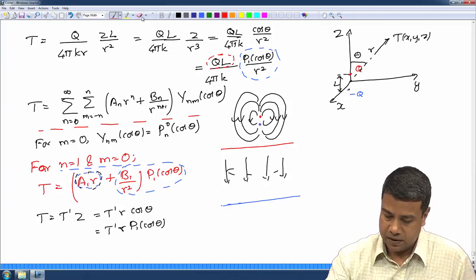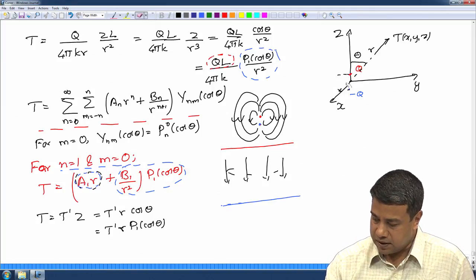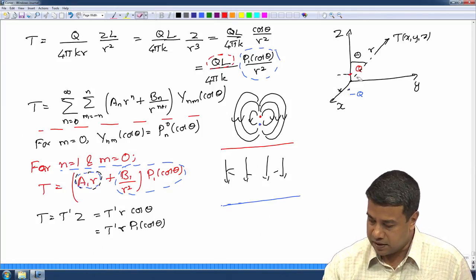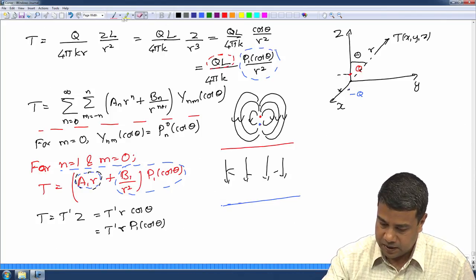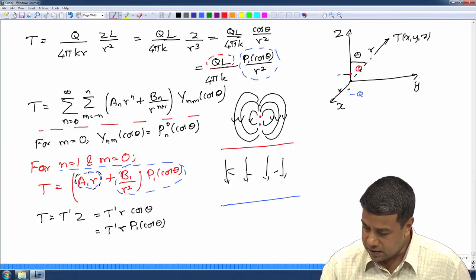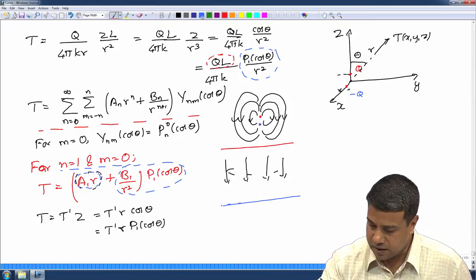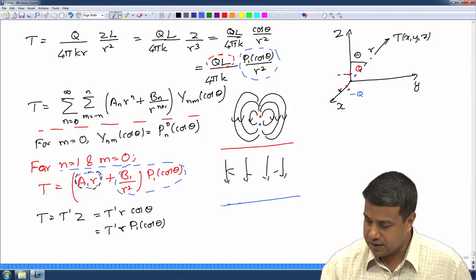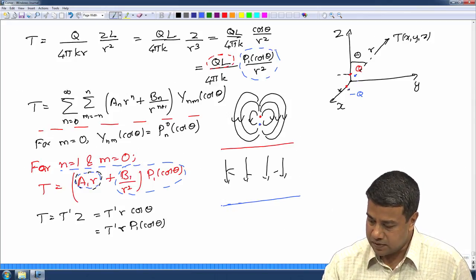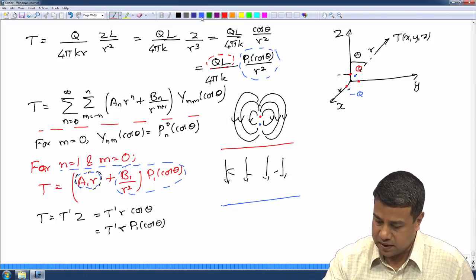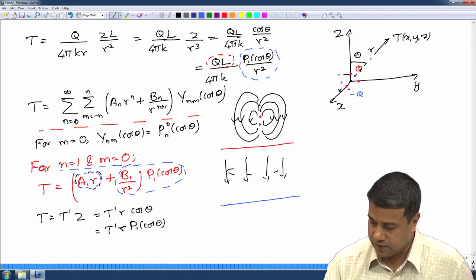Okay. I will not go into the details, but the other 2 solutions are basically dipoles that are aligned along the x axis with plus q and minus q along the x axis. Okay, that is for m is equal to 1, and m is equal to minus 1 corresponds to a source along the plus y axis and a sink along the minus y axis.